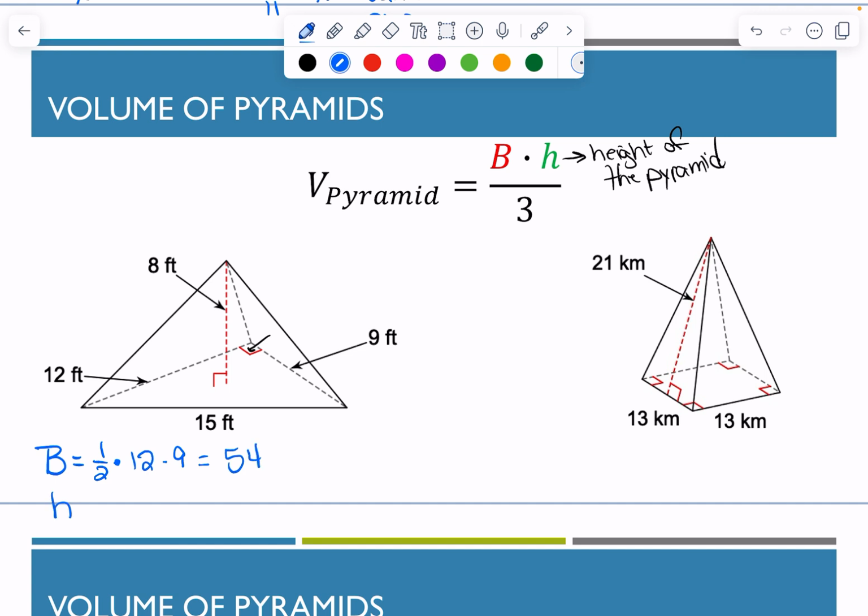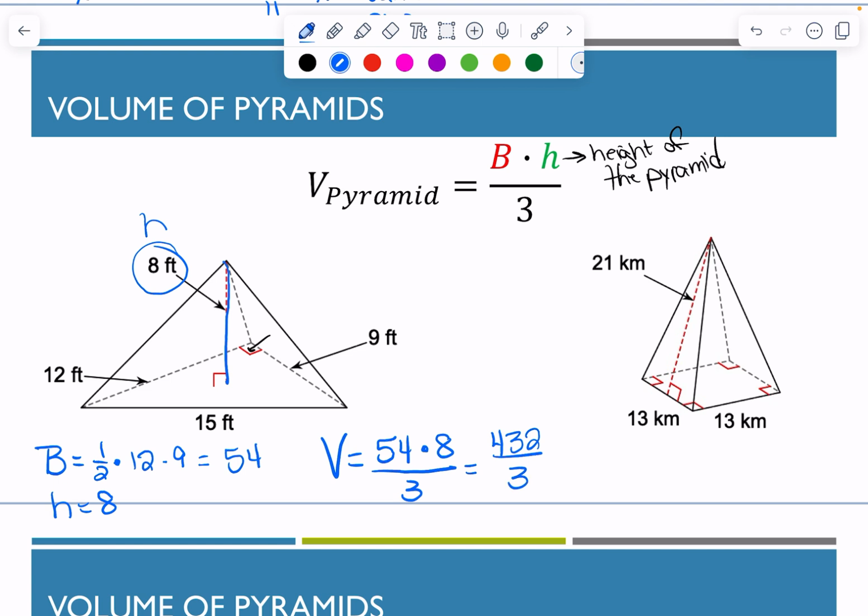Then I know the height going straight down through the middle right here. This is the height, so that is going to be 8. So my volume here is going to equal the area of the base, 54, times the height divided by 3. So I'm going to come in, 54 times 8 is 432.